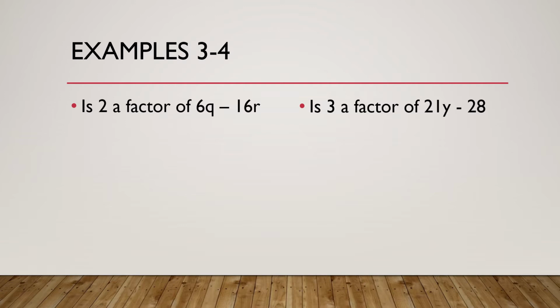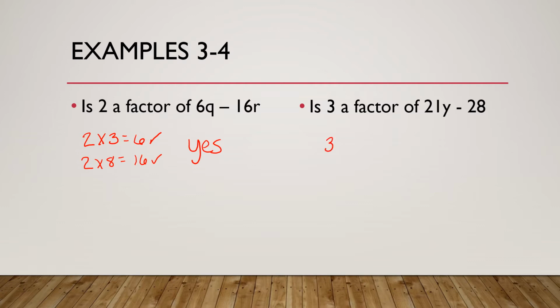Okay, does 2 go into 6? Well, we know that 2 times 3 is 6, so it is a factor of 6. And we know that 2 times 8 is 16, so it is a factor of 16. So yes, 2 is a factor of 6q minus 16r. Okay, is 3 a factor of 21y minus 28?